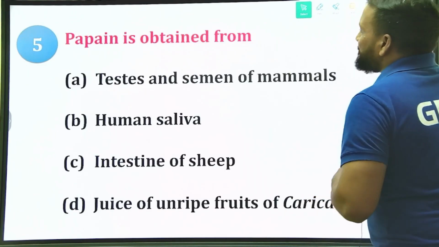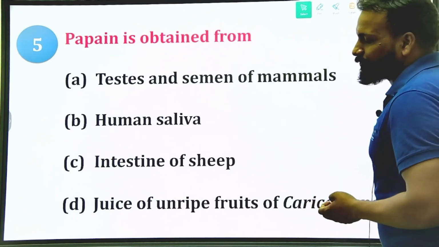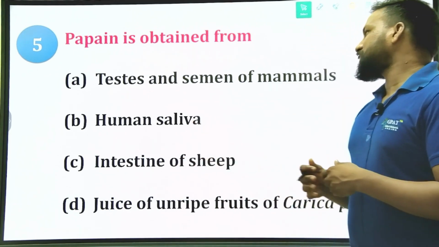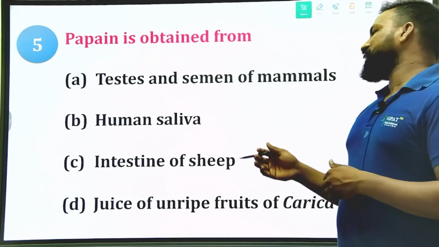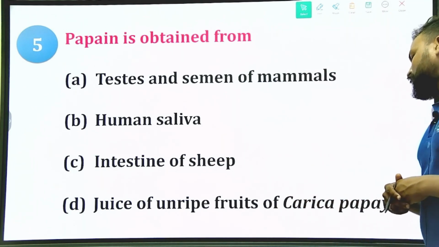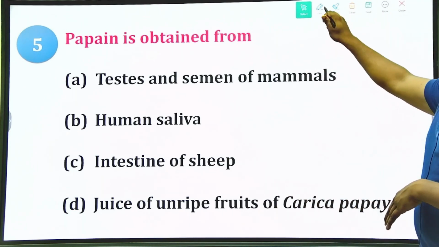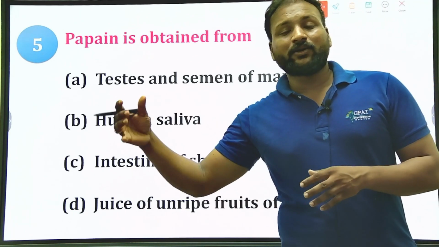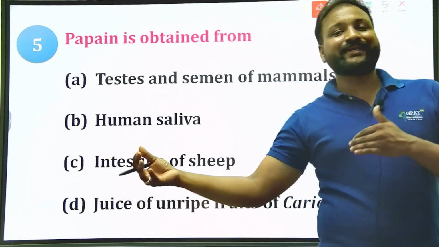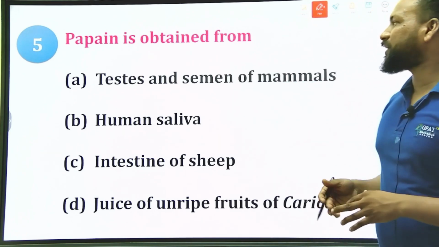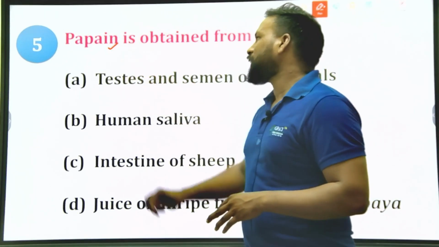Next question. Papain is obtained from, papain is an enzyme: A, testes and semen of mammals; B, human saliva; C, intestine of sheep; and D, juice of unripened fruits of Carica papaya. See, the beauty of pharmacognosy is that the chemical constituent's name is very near or similar to the species name, so you can see the constituent name papain.